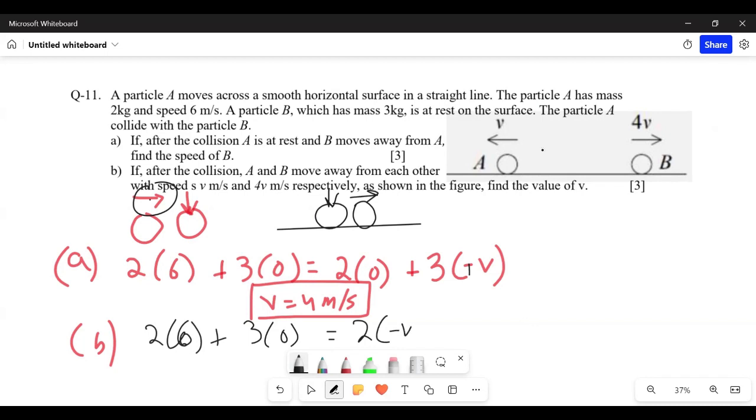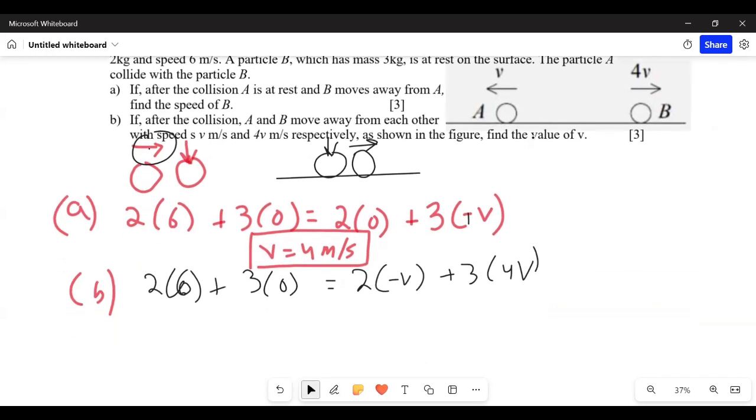So minus V plus 3 times 4V, because that's moving in the same direction towards the right. Okay, you solve this and you get the value. You get 12 equals 10V. V is equal to 1.2.